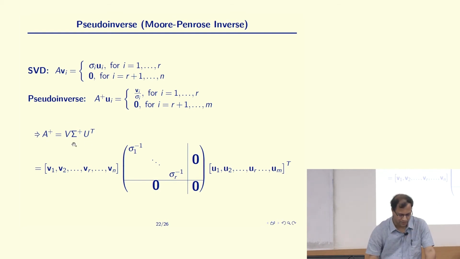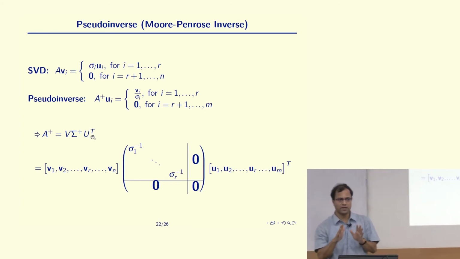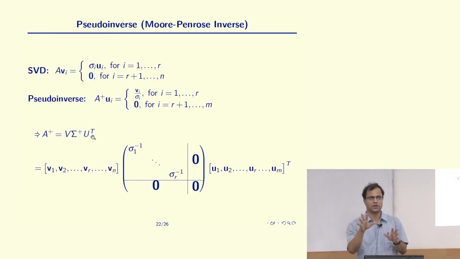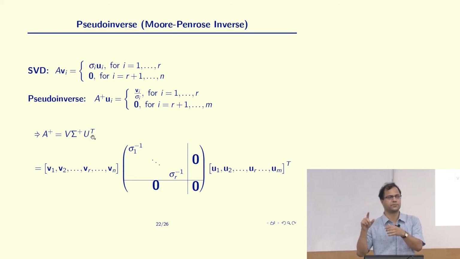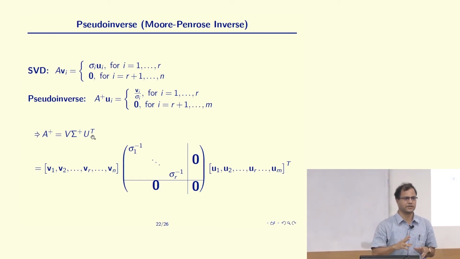You can write it as V sigma plus U transpose, and it will satisfy most of the nice properties of an invertible matrix, like A transpose A inverse equal to A inverse A equal to I_n, the identity matrix for the non-singular matrix.